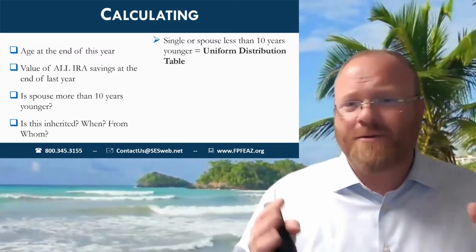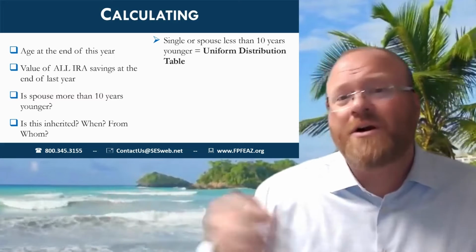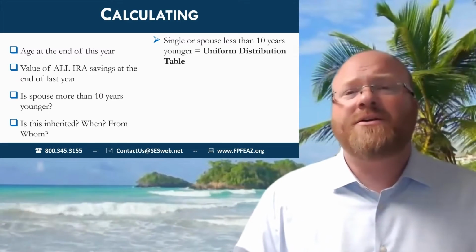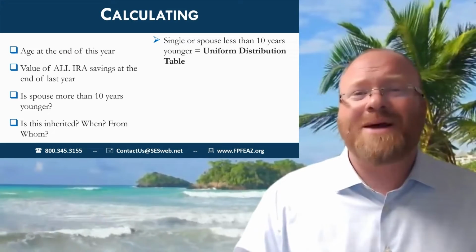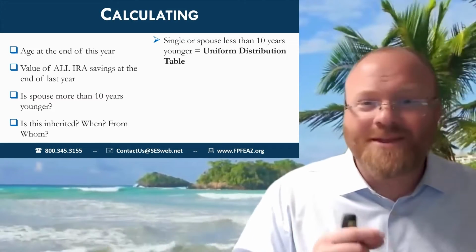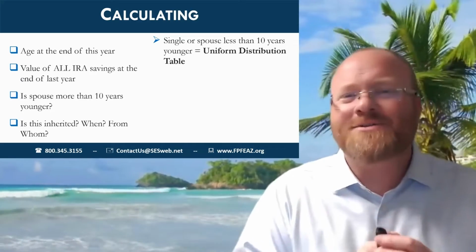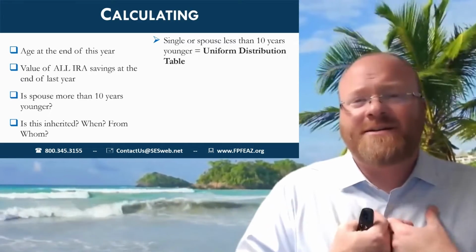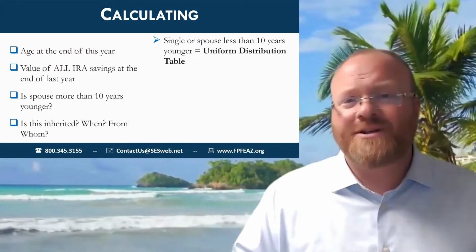If you're just a single person and you're 72 or older, and you need to know how to calculate your required distribution, you're going to use the uniform distribution table. If your spouse is not more than 10 years younger than you, meaning he or she is closer in age to you than 10 or more years, then you're going to use this same distribution table.